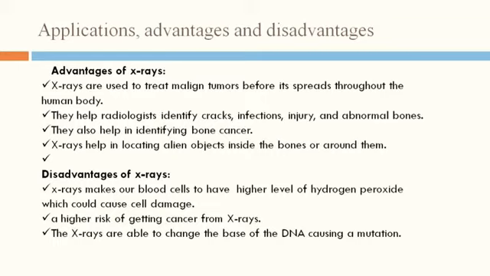On the slide I have listed some advantages and disadvantages of X-rays. The first advantage is that X-rays are used to treat malignant tumors before they spread throughout the human body.